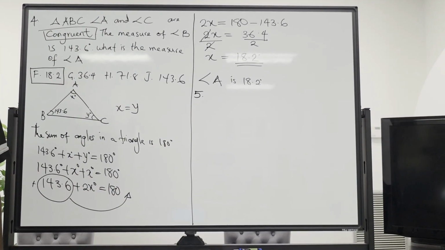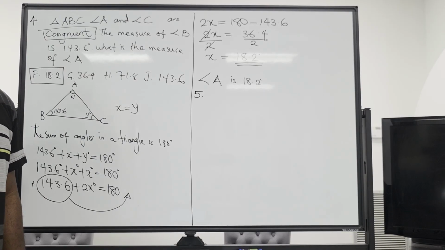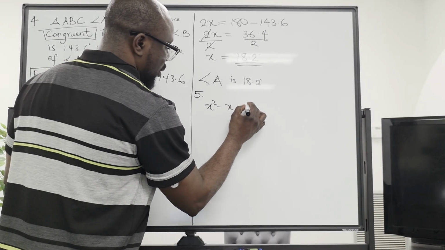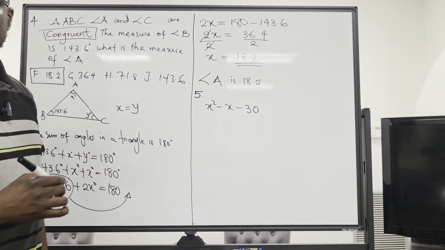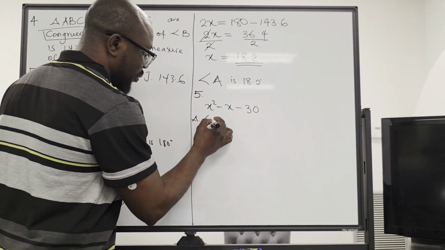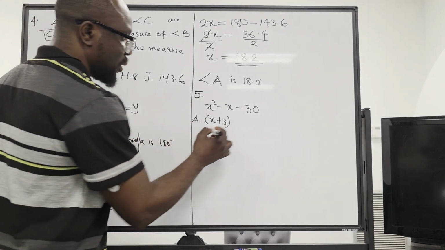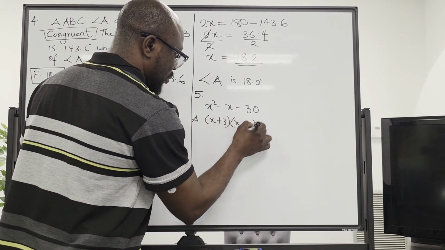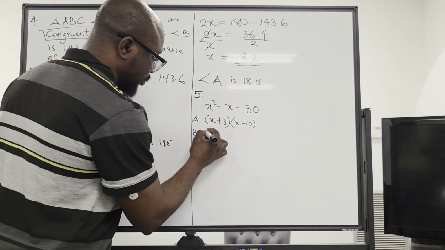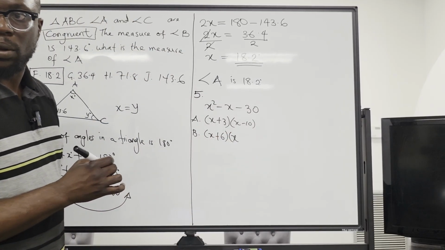Question 5 says, which of the following expressions is equivalent to x squared minus x minus 30? So you have x squared minus x minus 30. Option A is x plus 3, x minus 10. Option B is x plus 6, x minus 5.